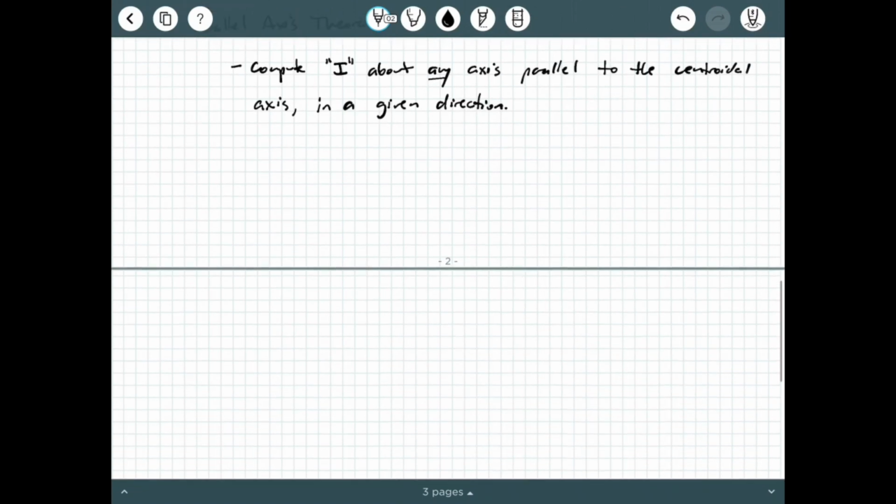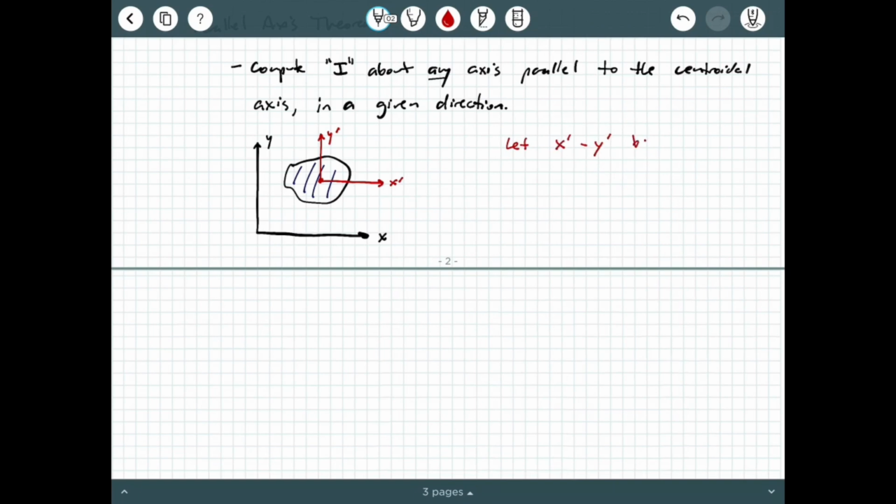Okay, so for example, let's say that we have our xy coordinate axes here, and let's say that here is our area, and let's say that we know the centroidal axes. Let's call them x prime and y prime. So let x prime, y prime be the centroidal axes of the area.